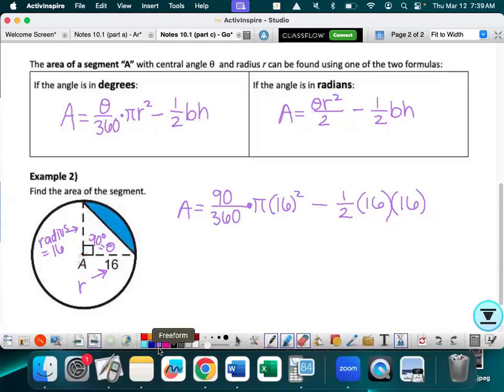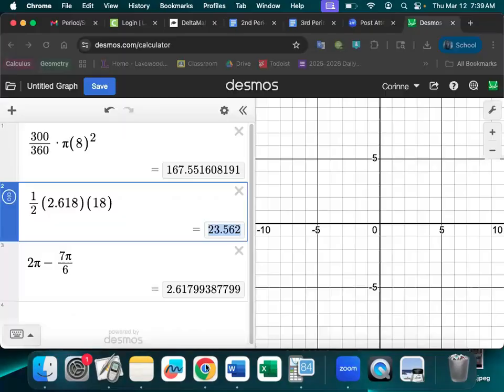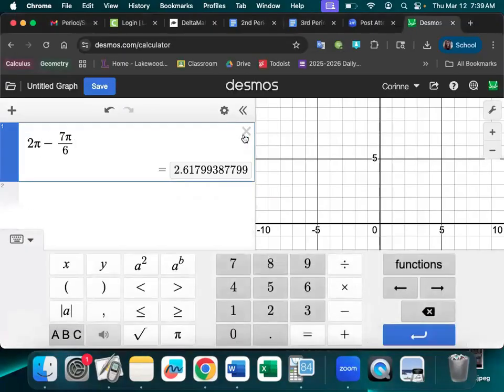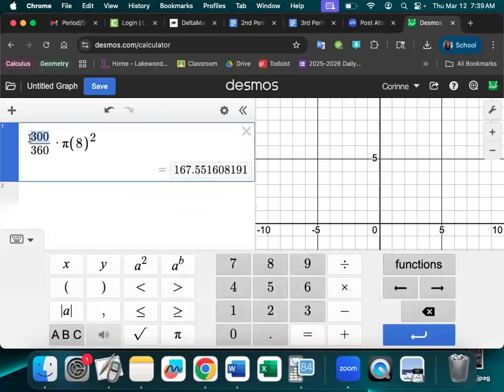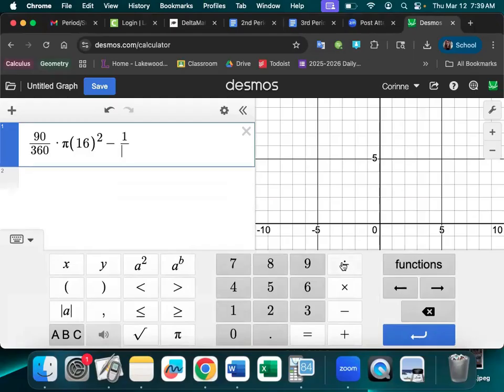Okay, let's go ahead and put this calculation into our calculator. Again, because I have pi, I know I'm going to end up rounding. I should have kept the last one. Here we go. Minus 1/2 times 16 times 16.